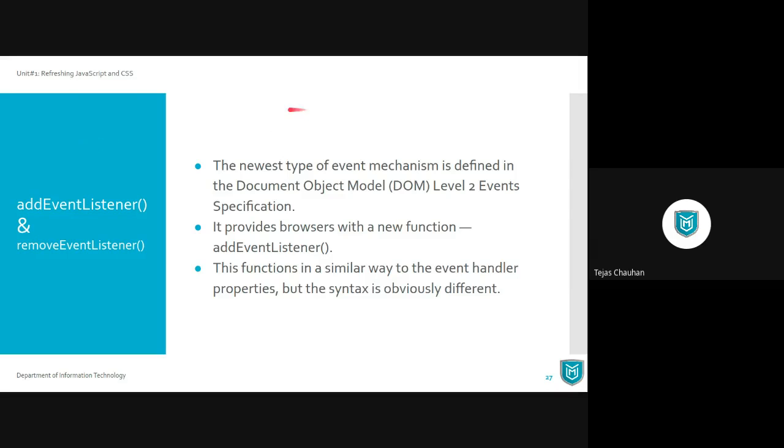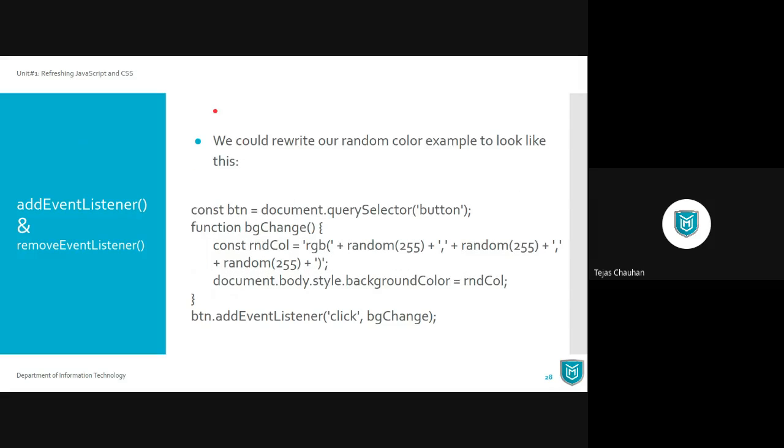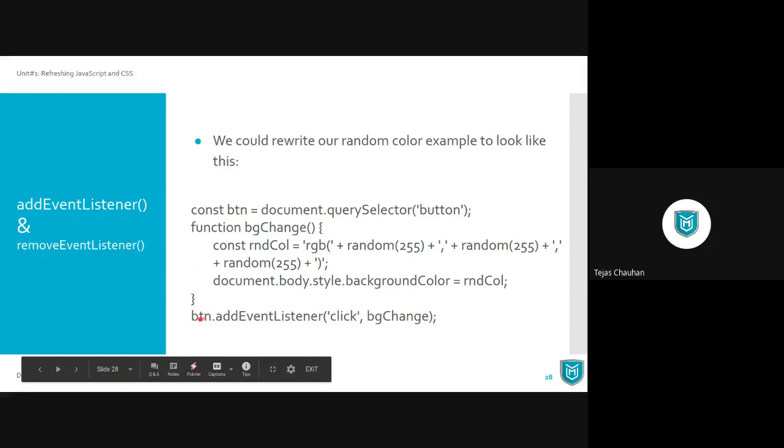So what is the syntax? Let's have a look at it. We access our element first, and then for this element, instead of defining a property, what we do is call the method addEventListener. So instead of btn.onclick, we use the btn.addEventListener function.